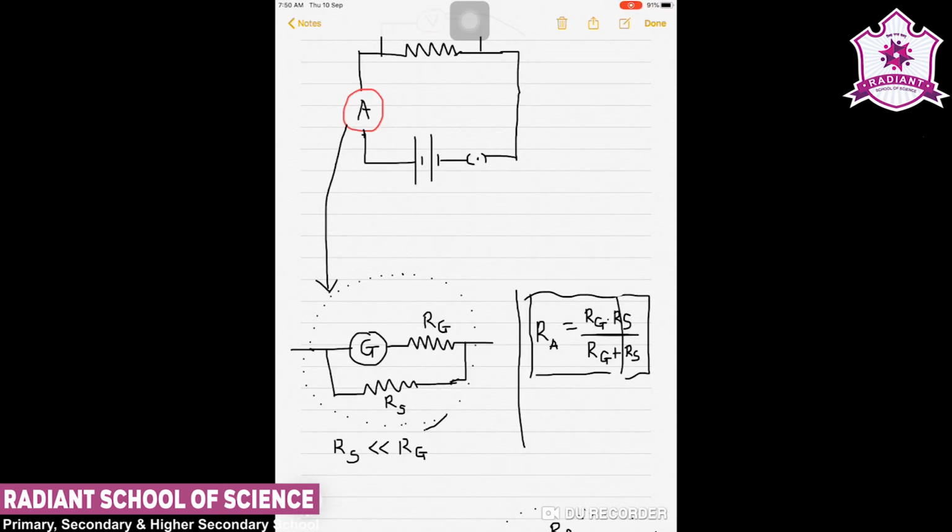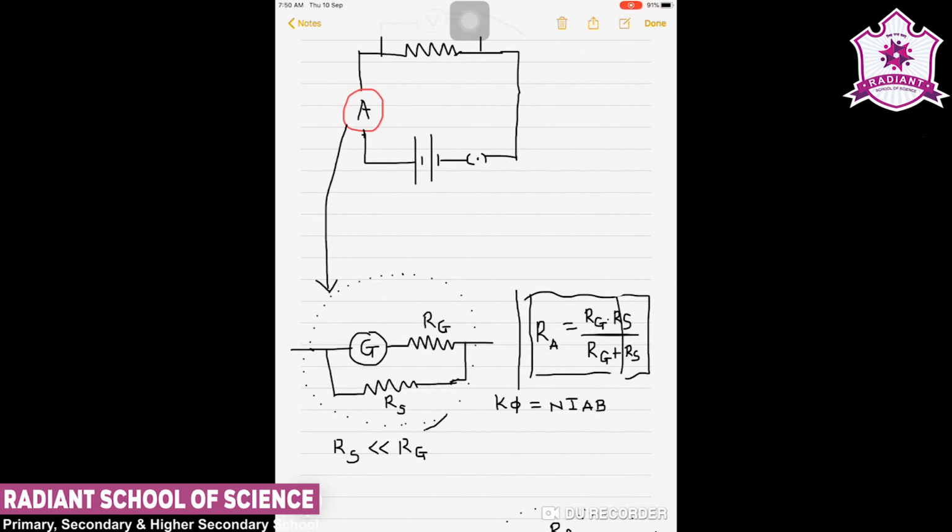Now suppose I want to use it as a voltmeter, but before going to that, let us see the value for this circuit. For the circuit as given here, we have already put the equation K phi equals NIAB.